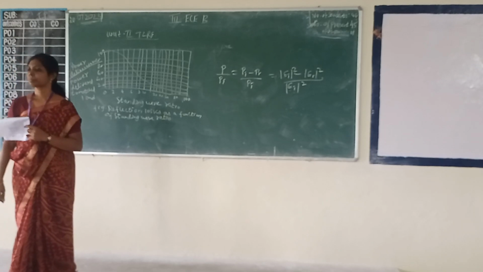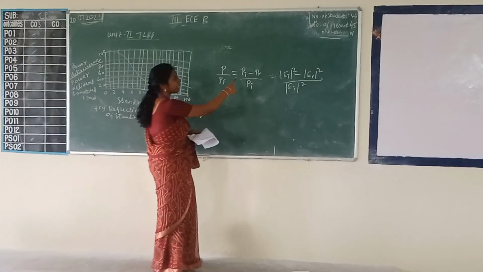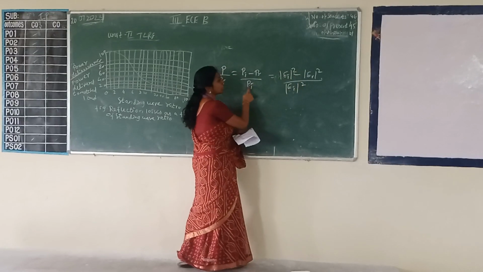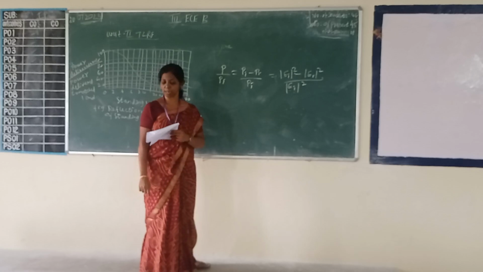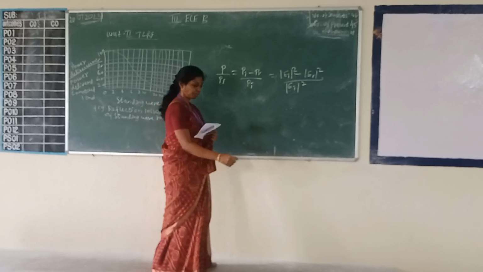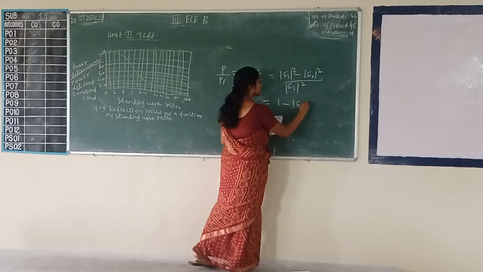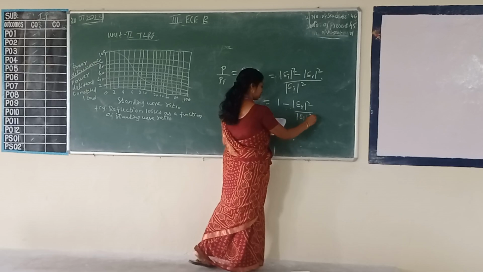Pi is the incident wave voltage square, EI square, and PR is ER square. So EI square by EI square, you can write it as 1 minus modulus of ER square by modulus of EI square.